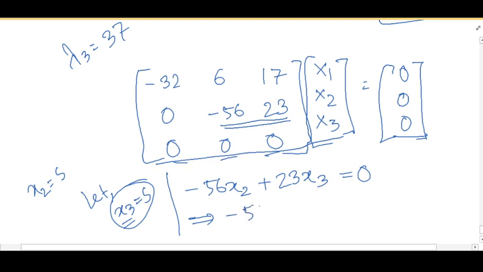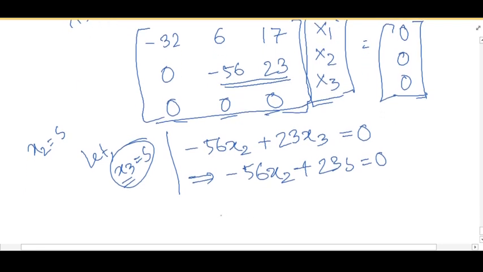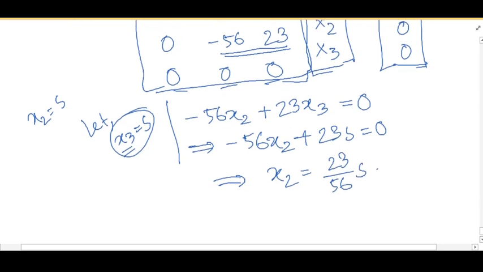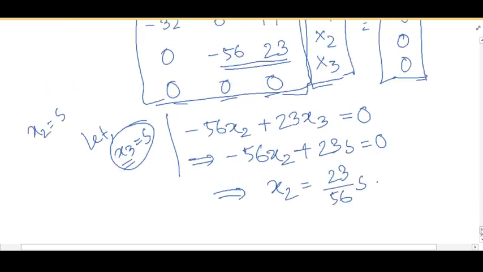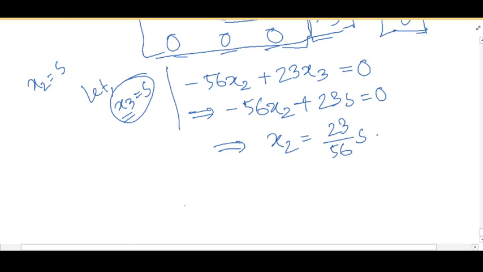So minus 56 x2 plus 23s equals 0, which will give you x2 value equal to 23 by 56 s.